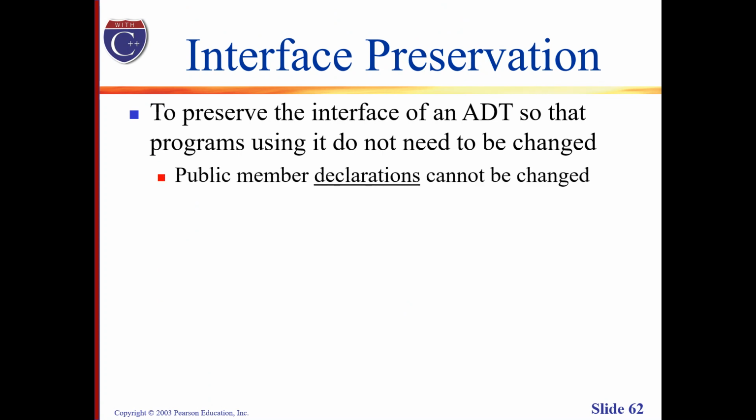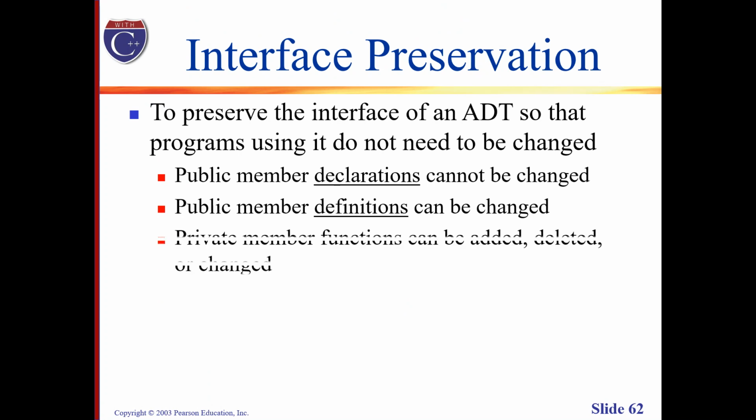In this case, public member function declarations cannot be changed. However, public member definitions can be changed. On the other hand, private member functions can be added, deleted, or even changed.